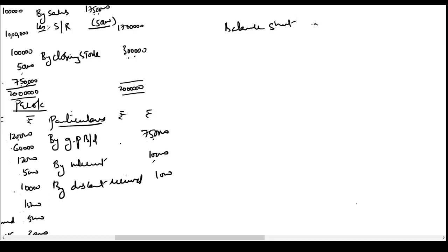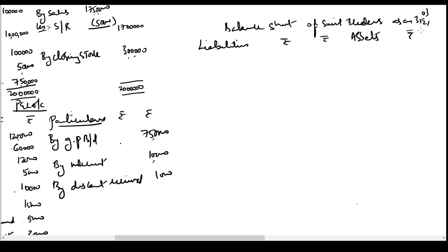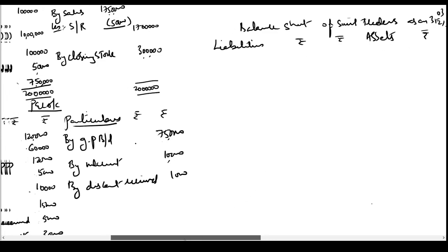Balance sheet of Sunil Traders as on 31st March 21. Liabilities rupees, assets rupees.